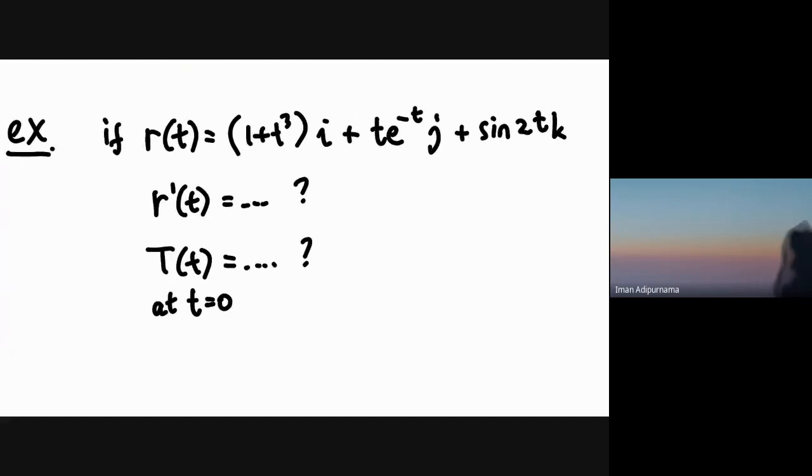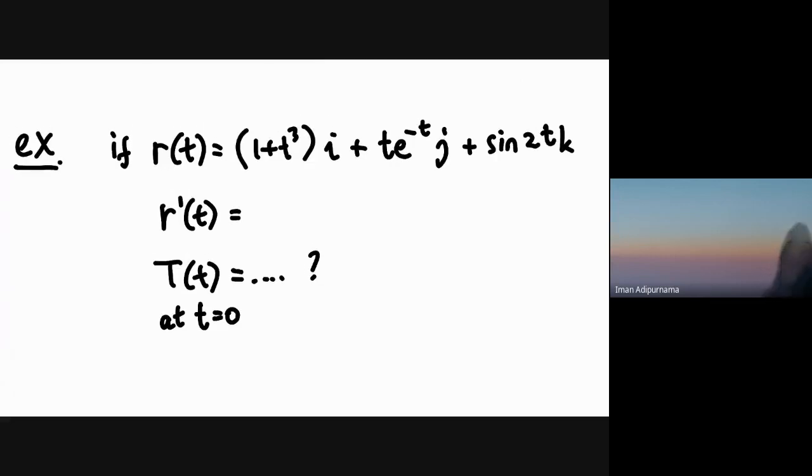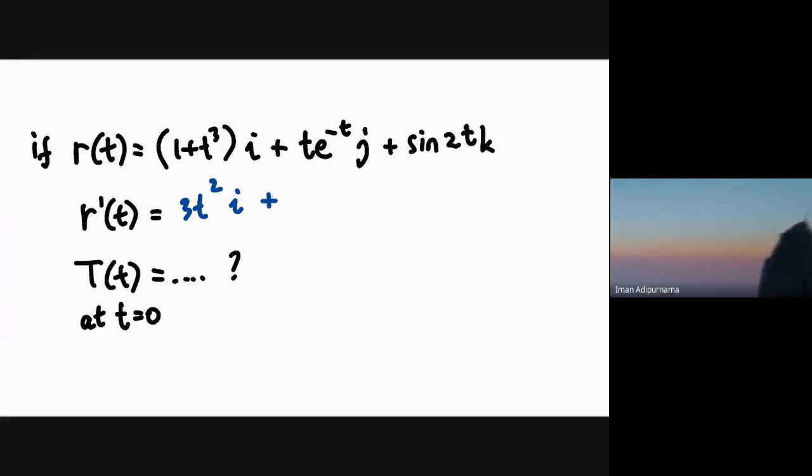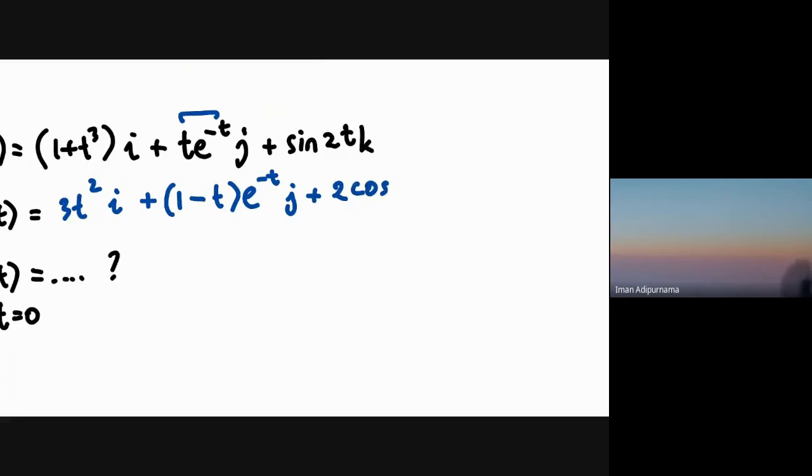So first we need to find the r prime. From our original equation here, it is 1 and 3t squared i, plus, because it's a product rule, I will write down the final answer here: 1 minus t, e to the minus t, and then j, and then plus 2 cosine 2t k. Okay.